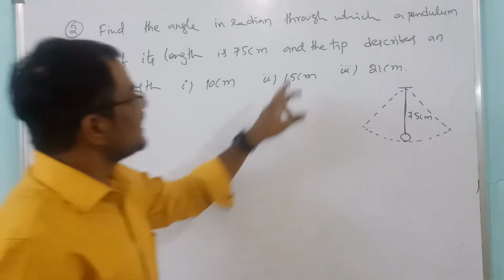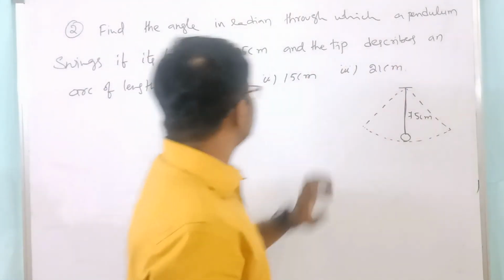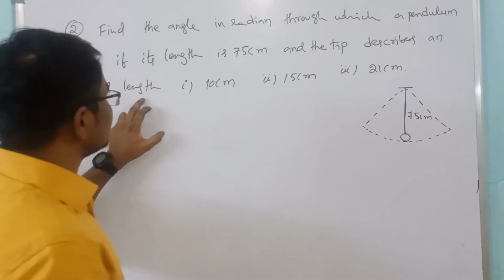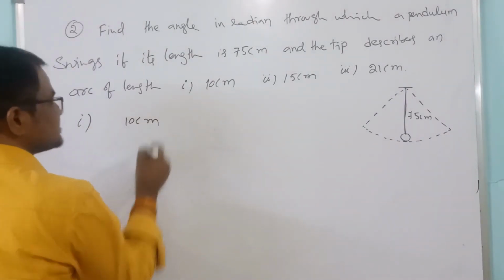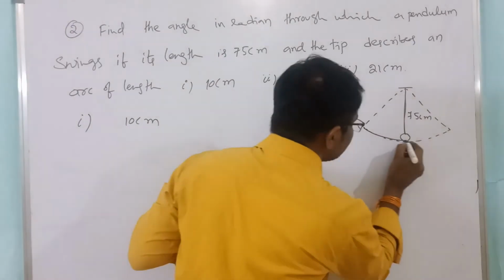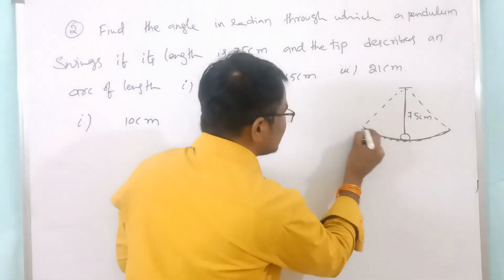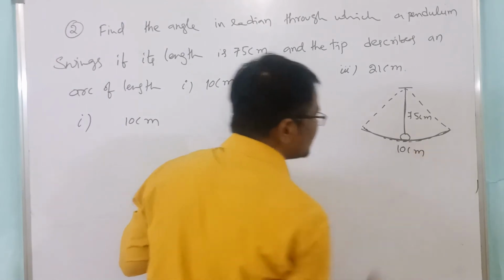Now, the tip describes an arc of the length. For the first problem, if you take 10 centimeters, the tip describes 10 centimeters.